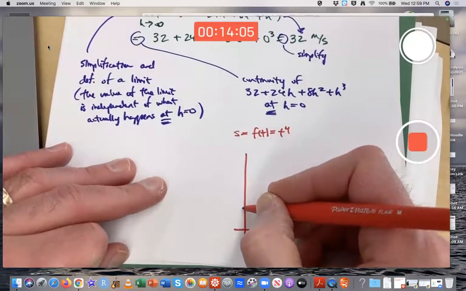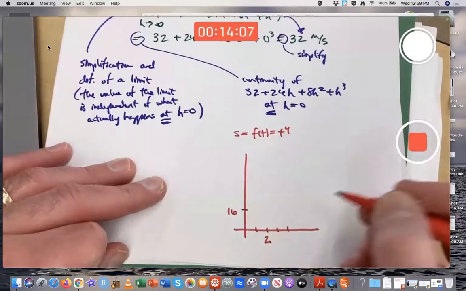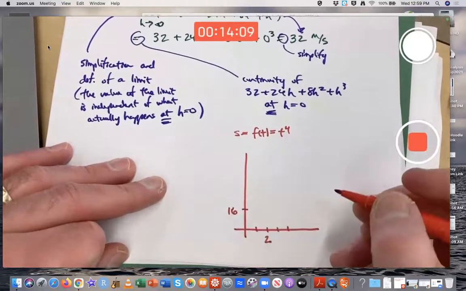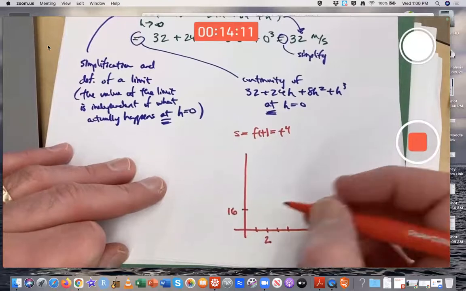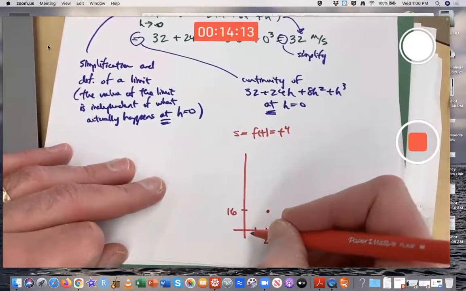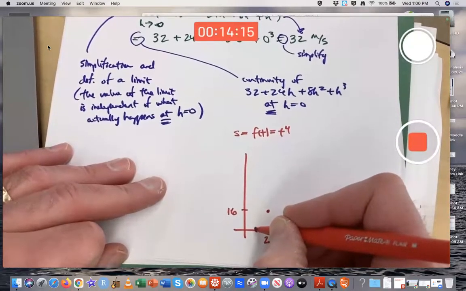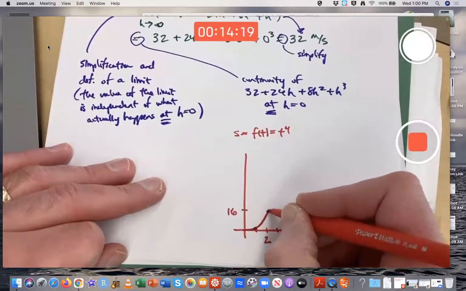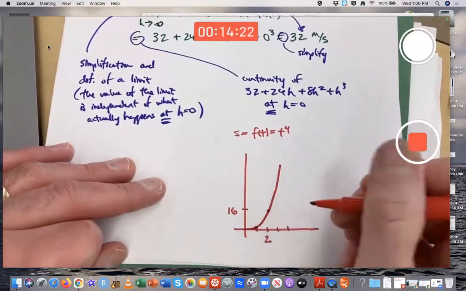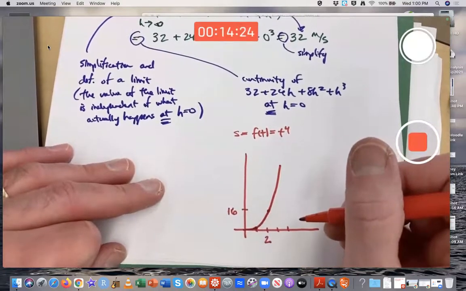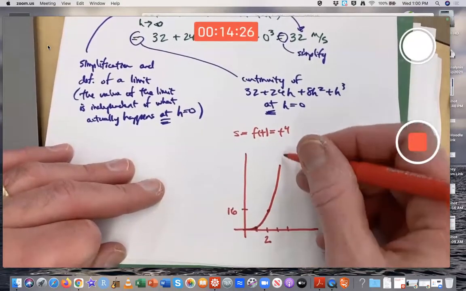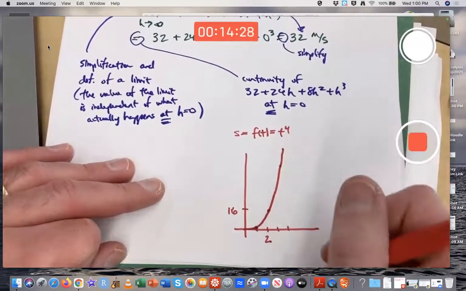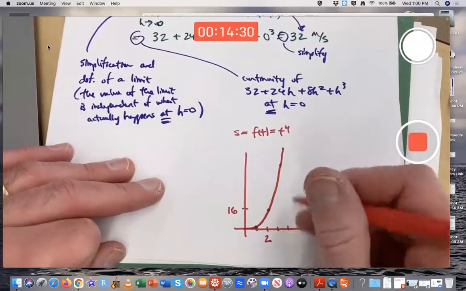Let's say 16 is right here. Axis not to scale. The graph also goes through 1, 1, which would be way down here. On this scale, the graph of t to the 4th looks about like this. 3 to the 4th is 81. So by the time we get to 3, we'd be up pretty high. Okay, it's not a perfect picture.